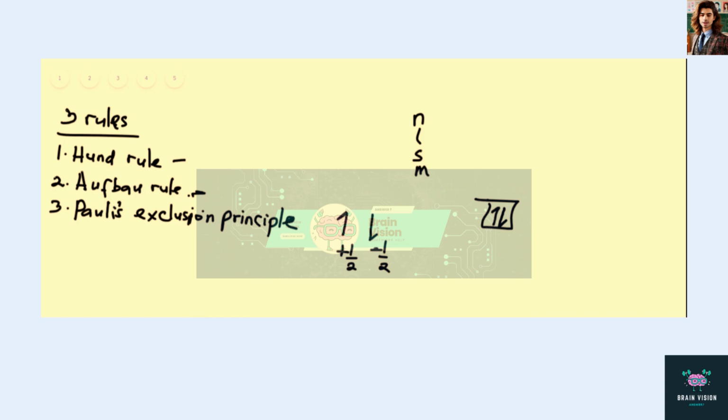That is, they can only have a plus half and minus half spin. You should never have a situation where you have 2 plus half or 2 minus half.